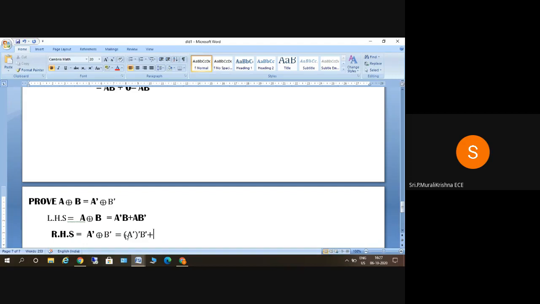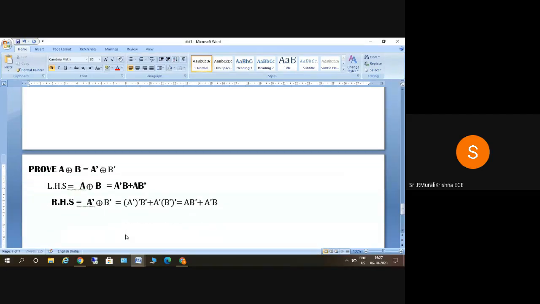So A is A bar and B is B bar here. Okay, so we get it as A B bar plus A bar B. So both are equal. Okay, since RHS is equal to LHS here.